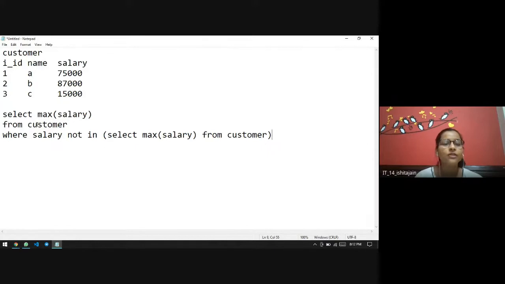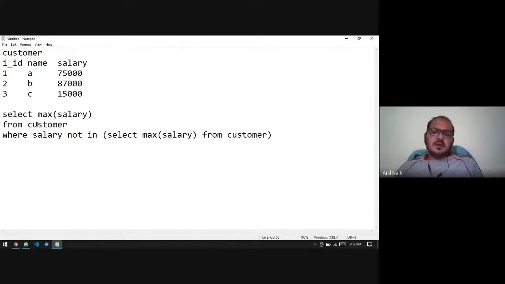If we use the right outer join, the matching values of both the tables will be displayed, as well as the non matching values from the right table. And if we use the full outer join, then all the values, that is, values of both the tables, will be displayed.